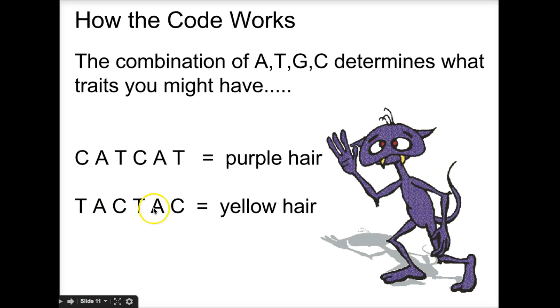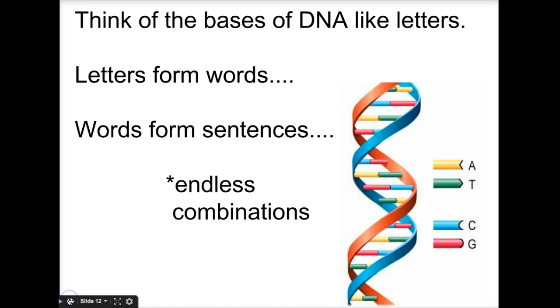The combination of the base pairs gives you a code that creates different genes that you have. You can think again of the bases of the DNA as letters, and the letters form words, and the words form sentences. We only have 4 base pairs, but they make millions of different combinations, which create different genes that we all have.